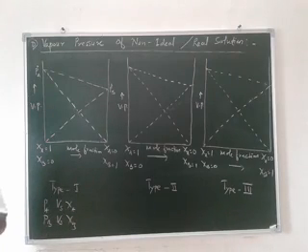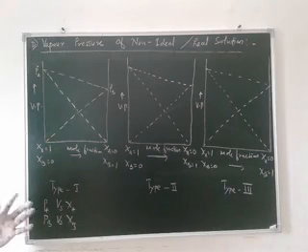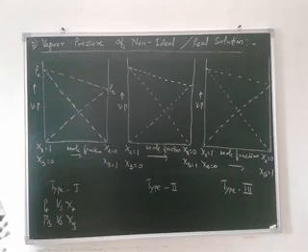Third characteristic, the total volume of the solution is exactly equal to the algebraic sum of the volumes of the components. And the last characteristic, the observed pressure, that is the total vapor pressure of the solution, is exactly equal to the algebraic sum of the pressures of the components.